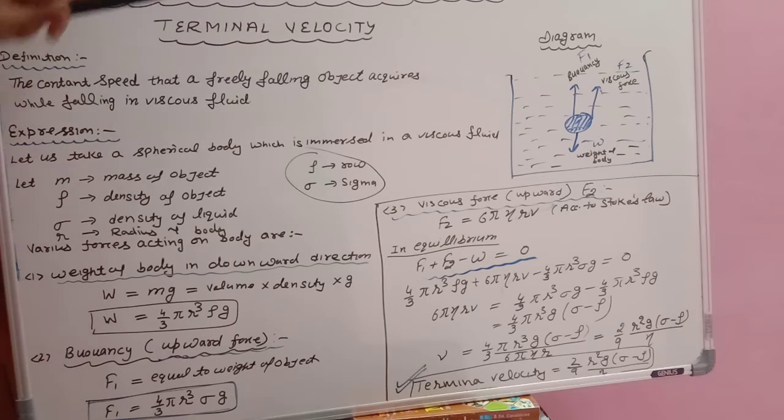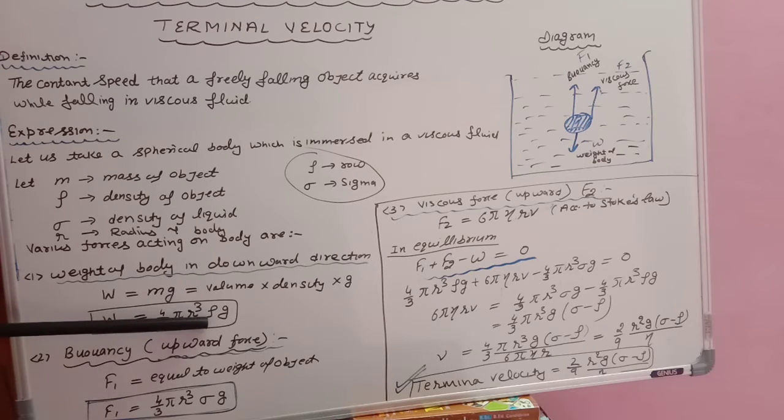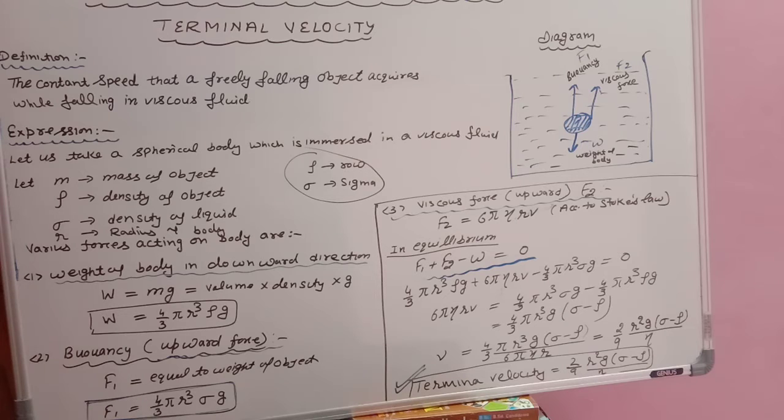So that force I am denoting by F1. So F1 will be equal to the weight, but it is applied by the liquid. So the change in these two will be only of one single word: here it is rho, the density of the body, there it is sigma, the density of the liquid, because buoyancy is also an upward force exerted by the liquid, but numerically it is equal to the weight of the displaced liquid.